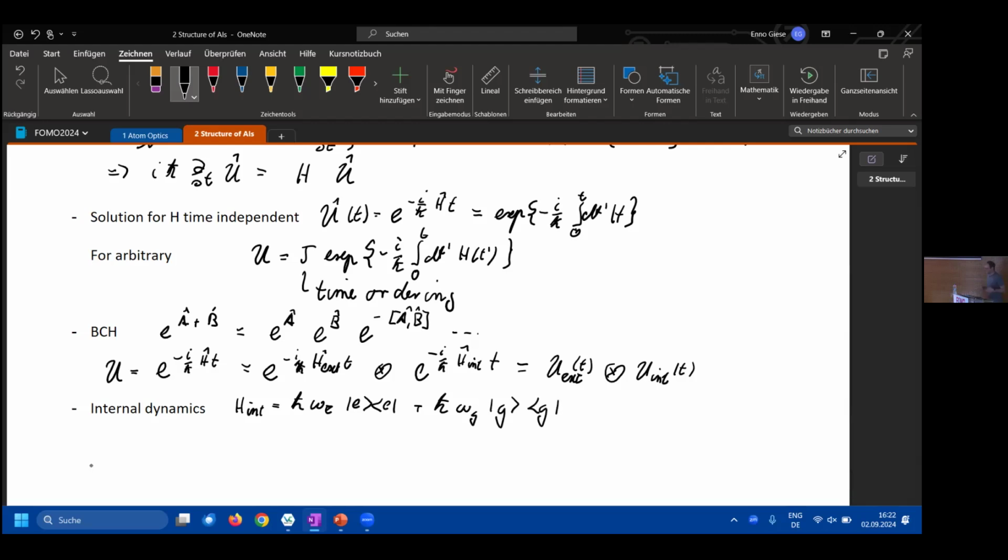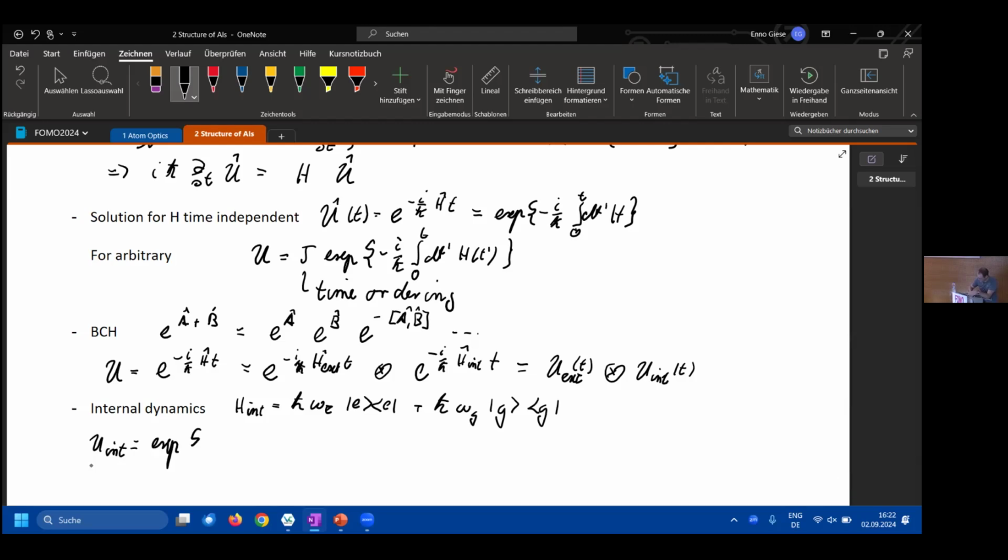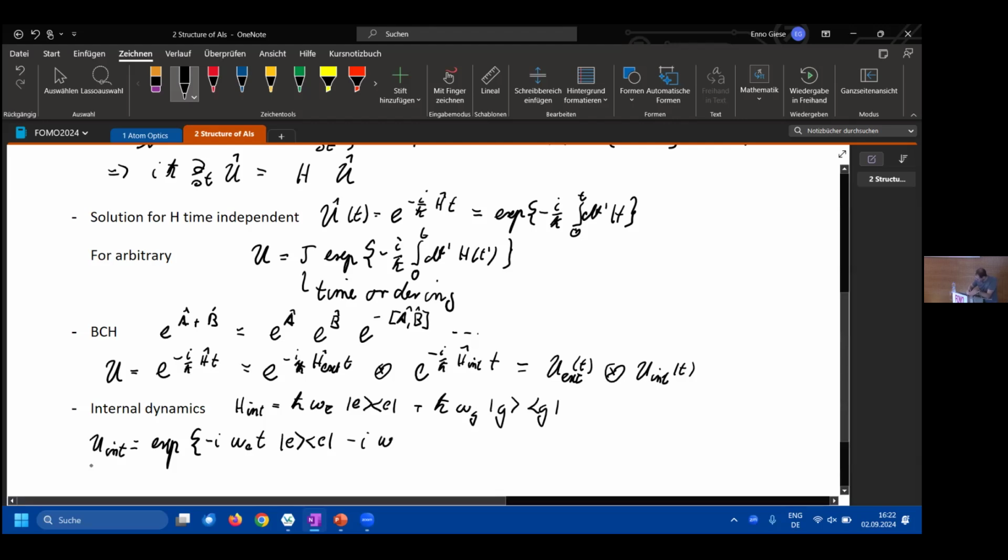And now taking the exponential, U internal of that is the exponential of minus i omega e times t times the projector, minus i omega g times t times the projector.